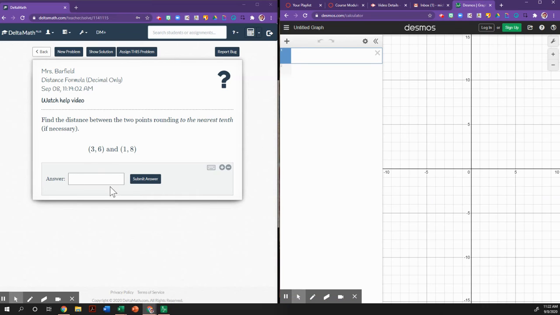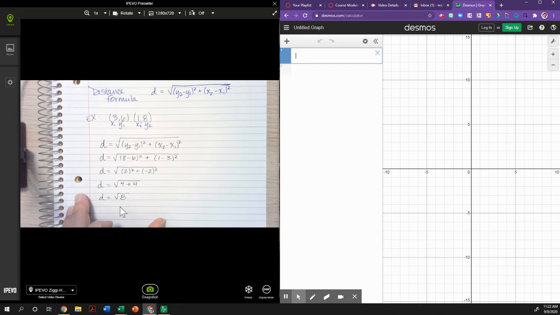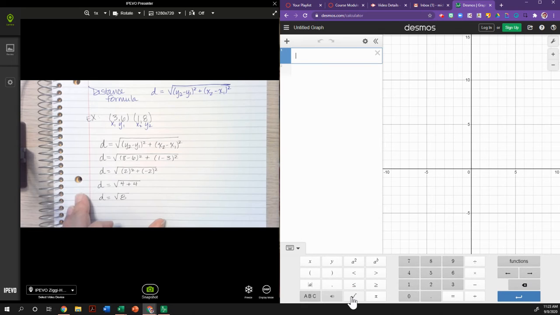Actually, let me minimize this screen. So I have the square root of 8. First, let's make sure you know how to type that in on Desmos: square root of 8. But let's confirm we got the right answer.